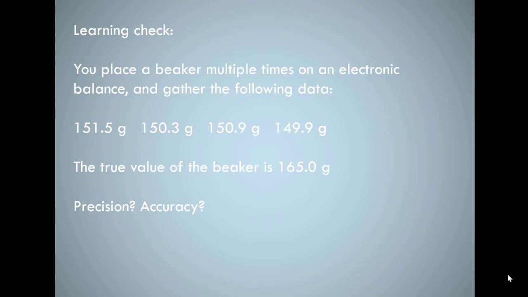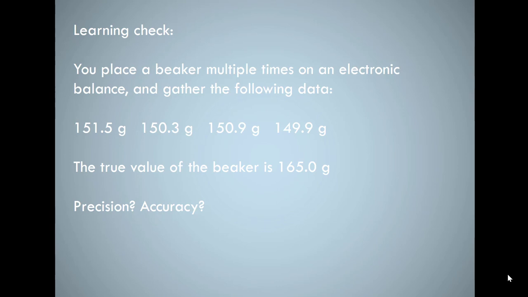So let's say you have a beaker and you put it multiple times on an electronic balance and we get 4 values there. So you have 151.5, 150.3, 150.9, 149.9. And for the accuracy, you're told the true value of what's in the beaker is 165 grams.